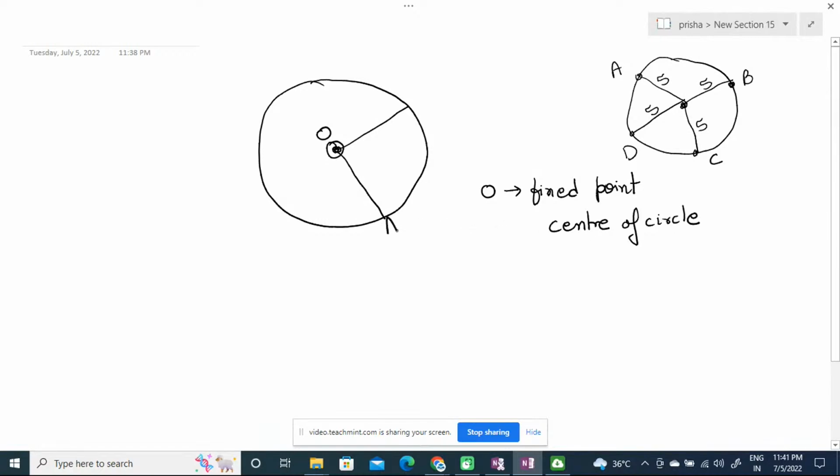And for example, this point is A, this point is B. So distance from O to A and distance from O to B is termed as radius of the circle. Okay.